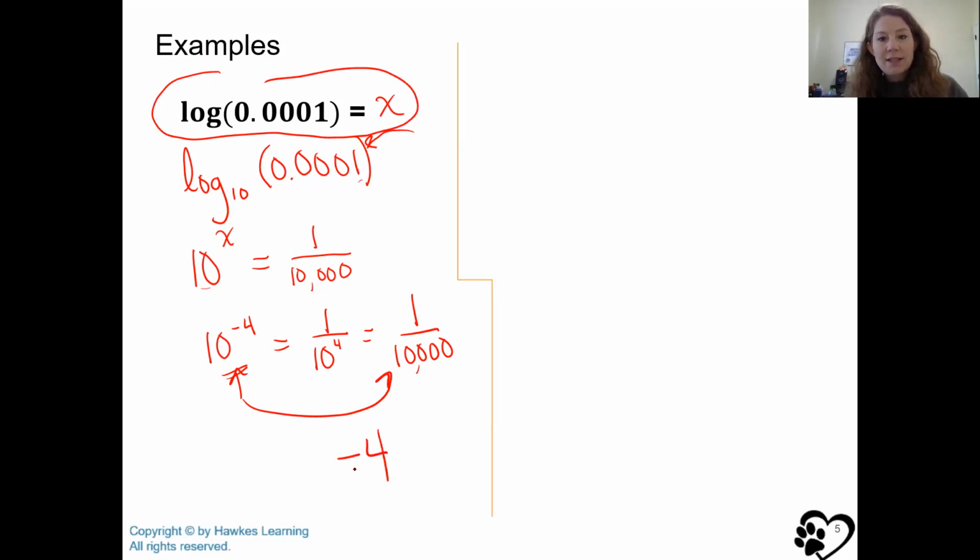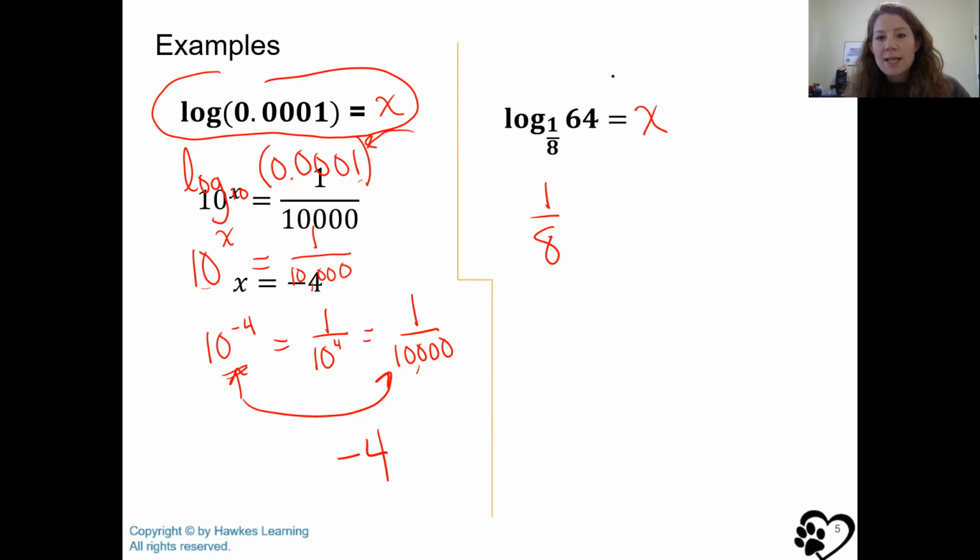All right. Let's look at the second one. Oh, I've given you those steps. All right, what about this one? Well, according to those patterns we've been doing, we would take 1/8, raise it to the power of x, and we want to know what that exponent would have to be to make this number equal 64.